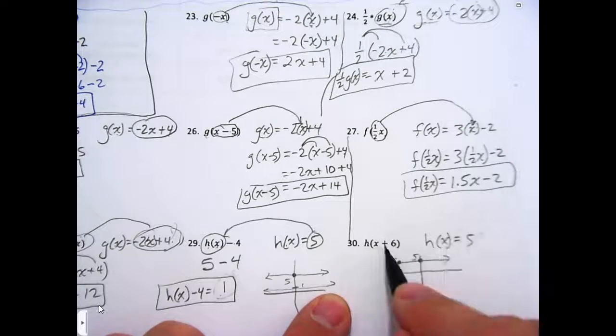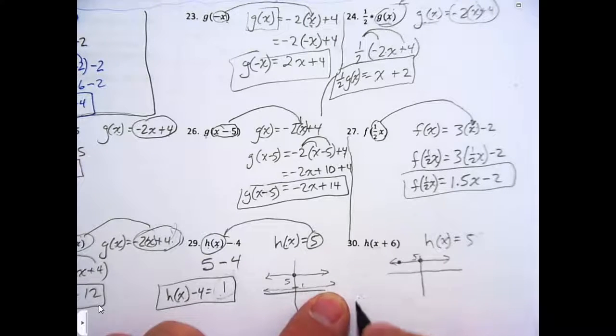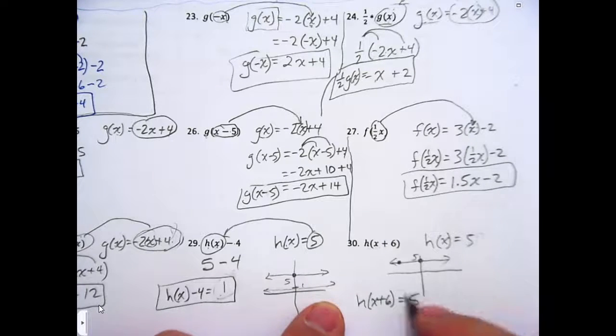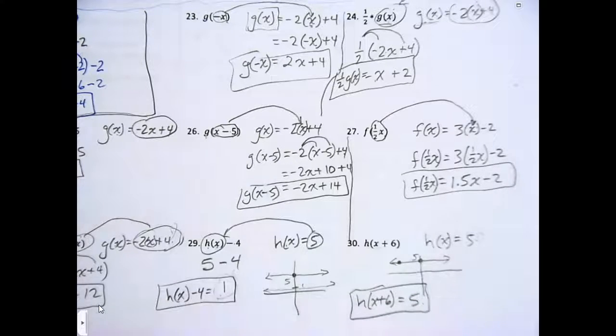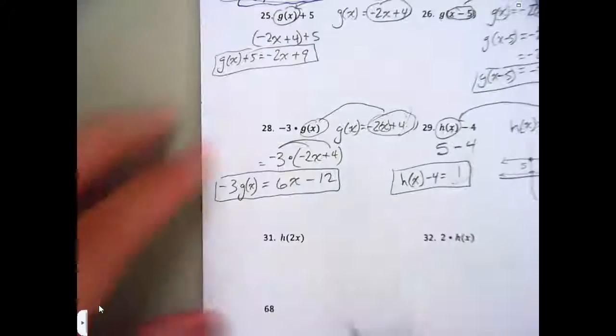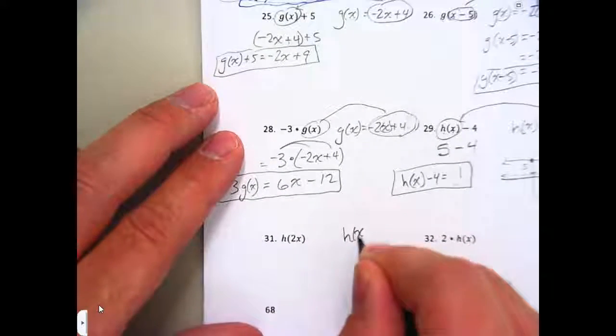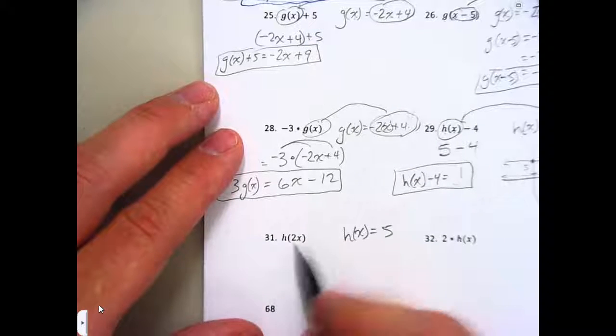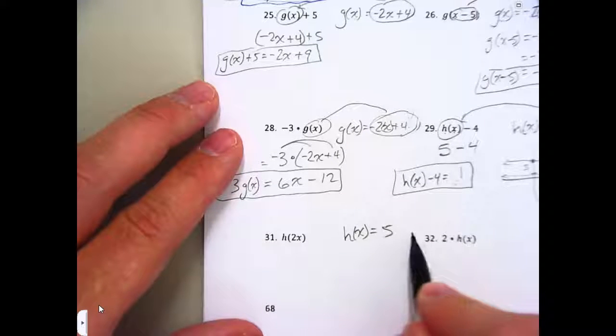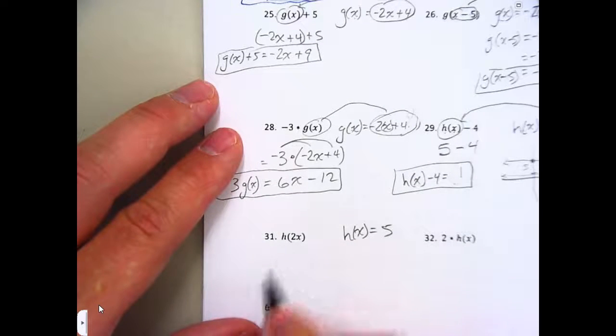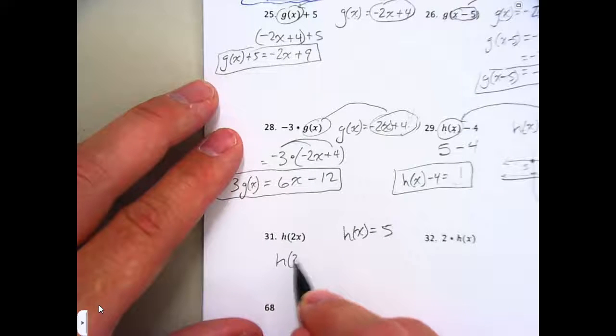So when you see this and there's no input, your answer is just the same thing. It's still 5. Nothing changes because there's nowhere to change an input value. Like on 31, h of x equals 5. There's nowhere to input it, so h of 2x is still going to be 5.